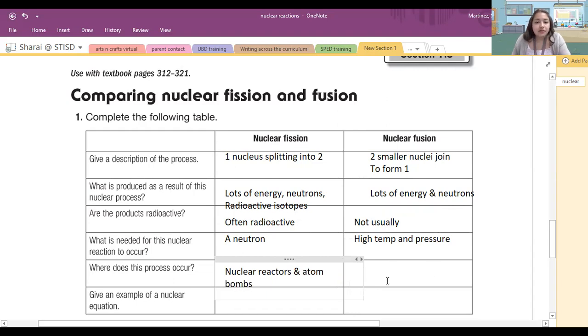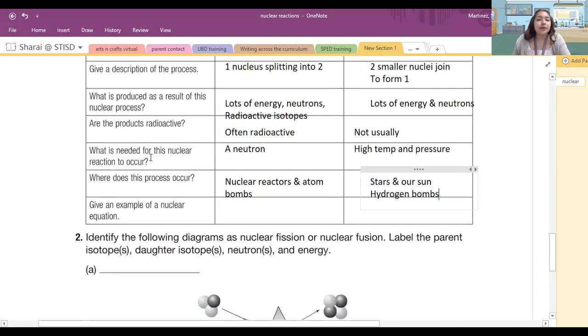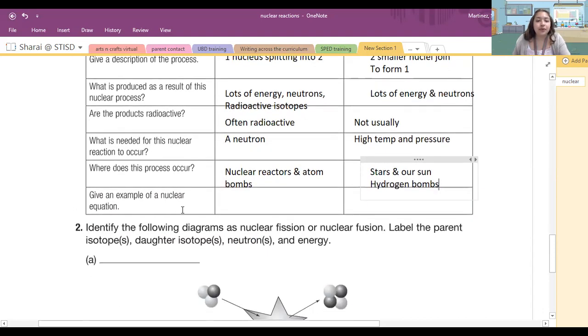Then for fusion, it occurs within stars and our sun, which is a star. And then we also have hydrogen bombs. And then we don't have to worry about the given example of a nuclear equation. We can just leave that blank and that's okay.